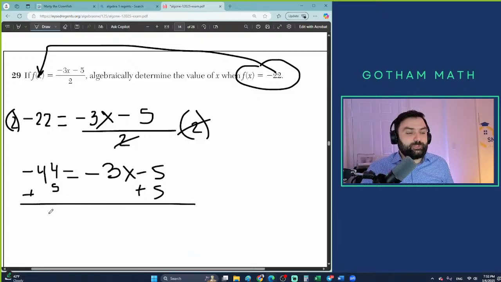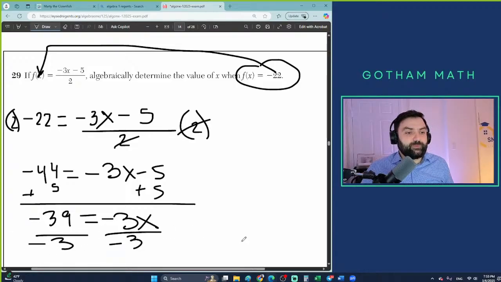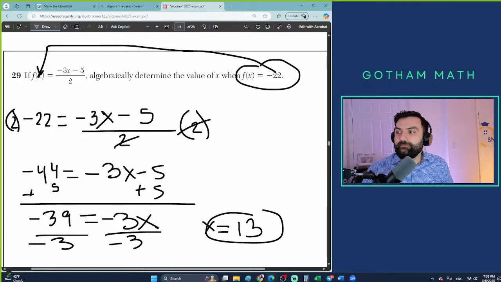It's going to be negative 39 equals negative 3x. Final step, divide both sides by negative 3, and it's going to be x equals positive 13. Boom. That's it.